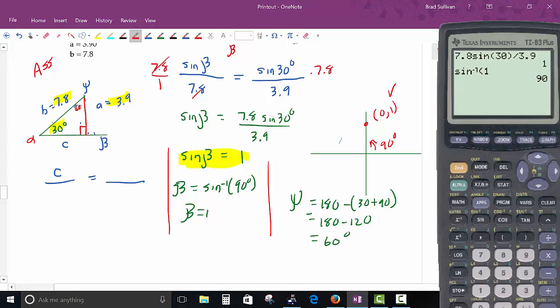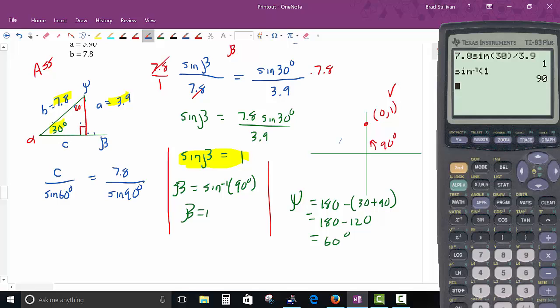All right, so what I do is I say side C over the sine of 60 degrees. It doesn't really matter what we work with. Let's work with beta and B. So B is 7.8 and angle B is 90, so we're going to say the sine of 90.